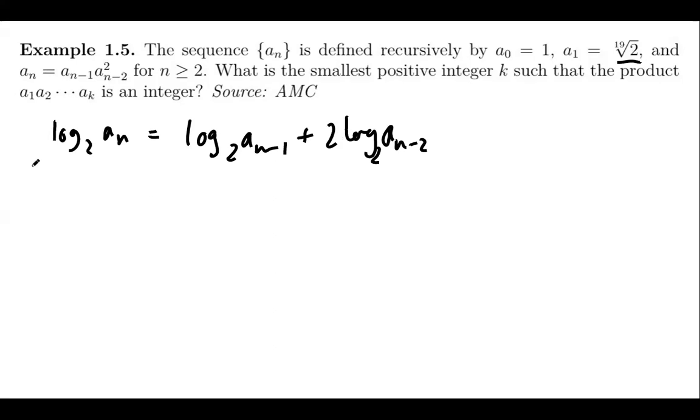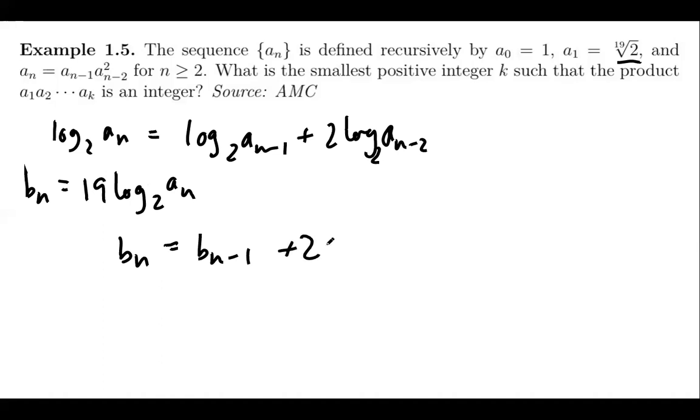So now what we can do is let bn, so we're defining a new sequence here, equal 19 log base 2 of an. And that means now we can write bn as this sum here: b(n-1) plus 2b(n-2).